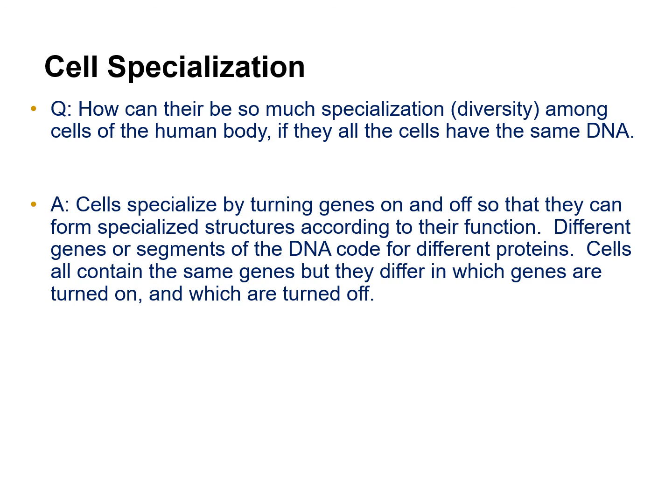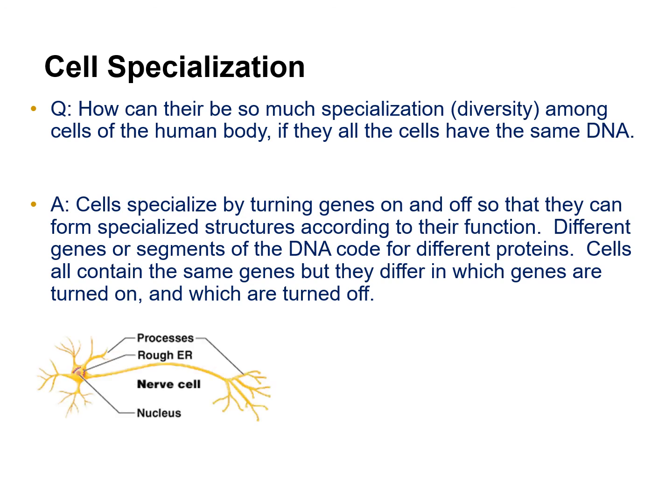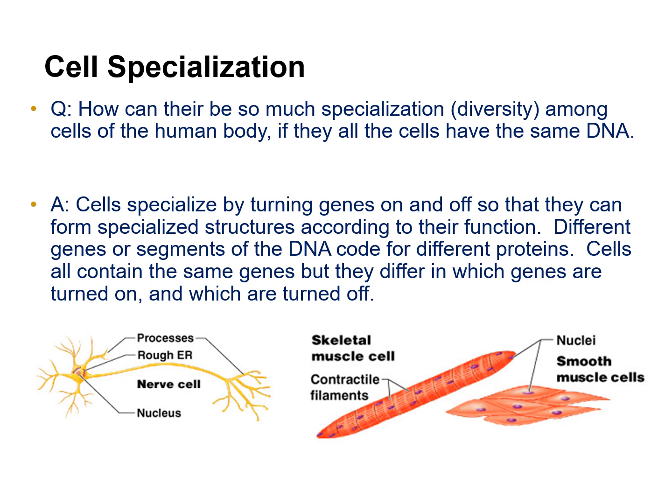In other words, different genes or segments of the DNA code for different proteins. Cells all contain the same genes, but they differ in which genes are turned on and which genes are turned off. For example, a neuron activates genes that code for proteins related to neuron tasks and avoids activating genes that code for proteins that would perform skeletal or smooth muscle tasks.